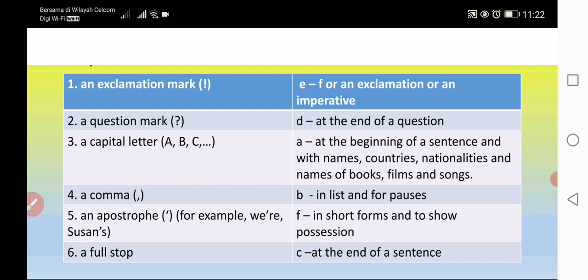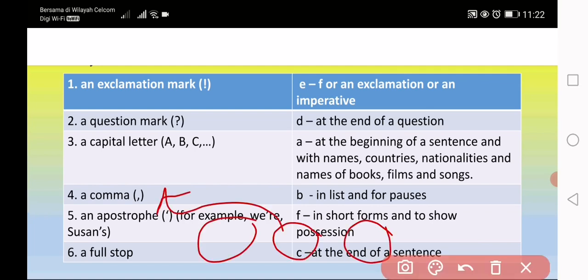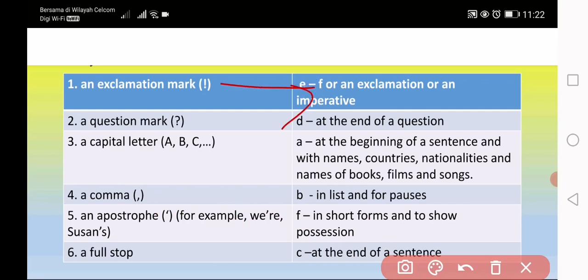Okay, so we have an exclamation mark, question mark, a capital letter, a comma, an apostrophe, and a full stop. Okay, exclamation mark is for what? It's for an exclamation or an imperative. Okay, something like you are surprised, satu arahan, okay, atau menjerit.